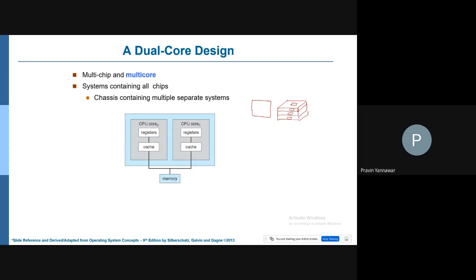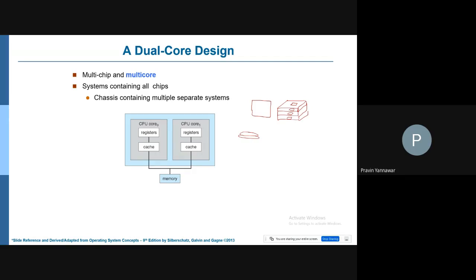You cannot put them side by side. In order to effectively use the space of the board, people thought to prepare a core so that multiple CPUs can be put one after another. So this is core one, this is core two, and likewise.